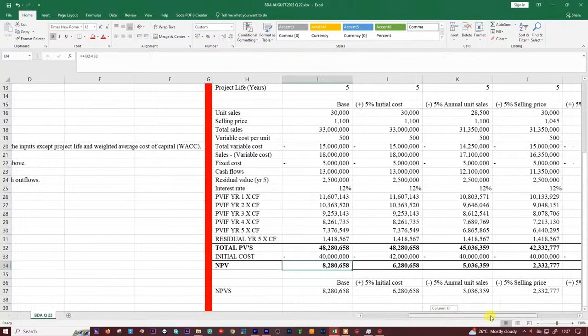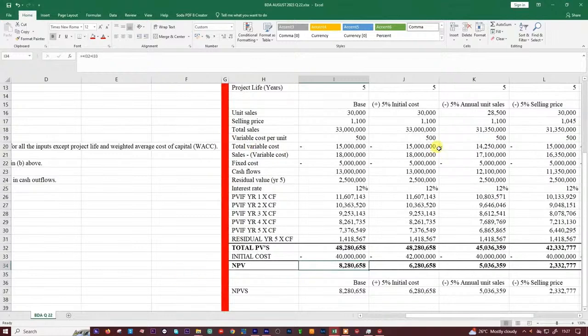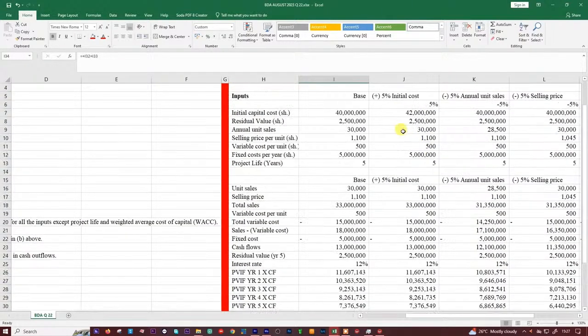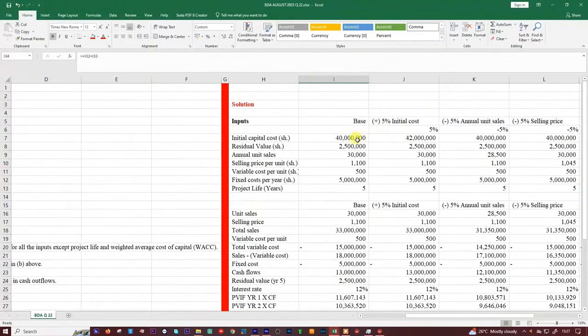Adverse effect. So the initial cost was given to us over here as 40 million. So we've done an adverse, the opposite, by increasing it by 5%. Here we've reduced the unit sales by 5%. The selling price we've reduced by 5%.